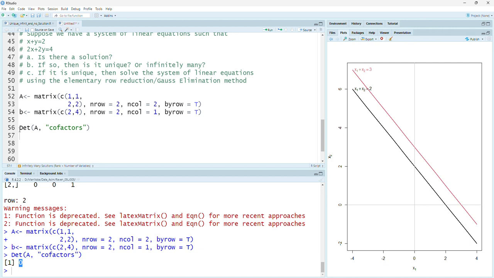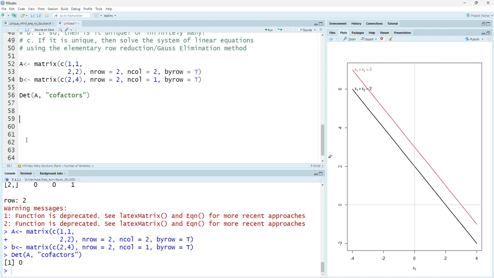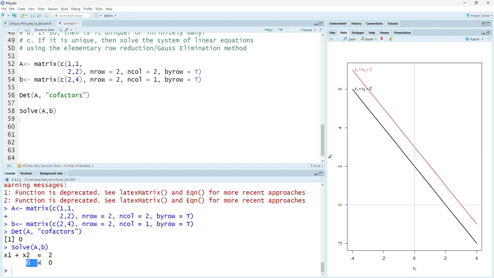Now let's check if I try to solve it. I would say A and B. Let's see what I get. 0 is equal to 0. In this case, when this condition appears, 0 is equal to 0, it means there are infinitely many solutions.